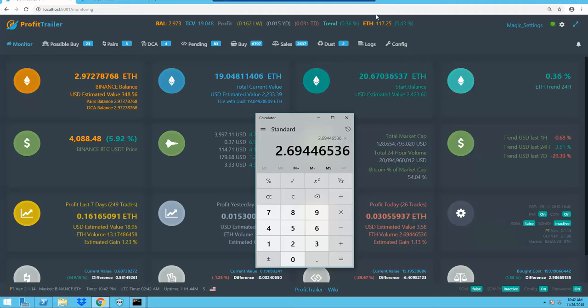Multiply that times 117.25. 117.25. That is the current value of Ethereum. Equals. So off of $315.92, or $315.93 rounded off, I've made $3.58, and it's important because I made it off of $315, not off of $10,000.